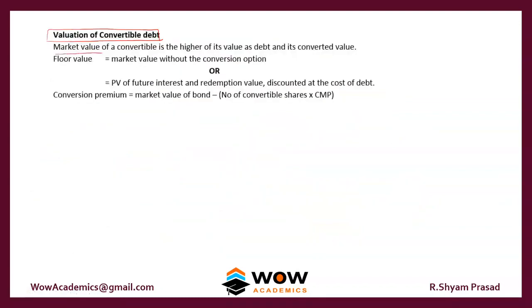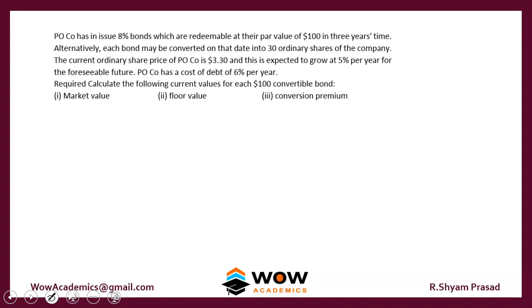The market value of a convertible is the higher of its value as a debt and its converted value. Whether the redeemable value or the share value, whichever is higher you just pick that. PICO has in issue 8% bonds which are redeemable at a par value of 100.